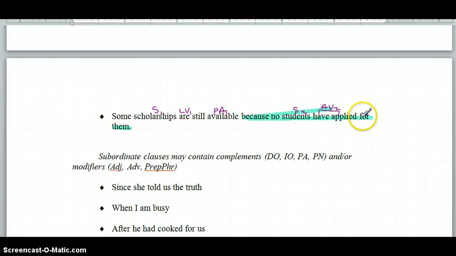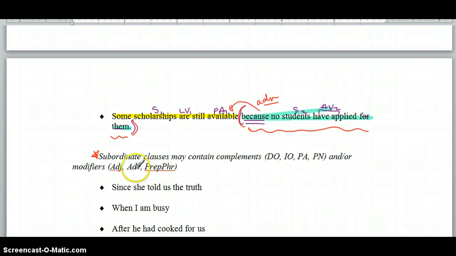Students, and for them is a prep phrase. Here's that subordinating conjunction. This can't stand on its own, it's a subordinate. This in the yellow is independent, it can stand alone. And just as a look ahead, this is telling us why they are still available. This is going to be an adverb clause. Now, using that nesting idea of this whole clause might be acting like an adverb, but inside the clause, all of our regular jobs still apply.